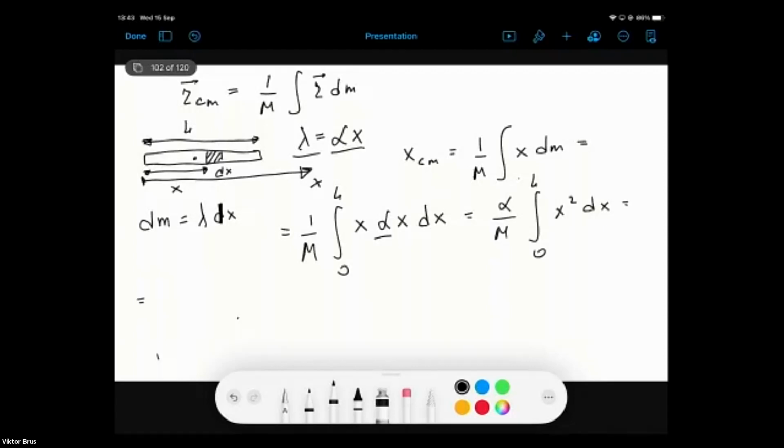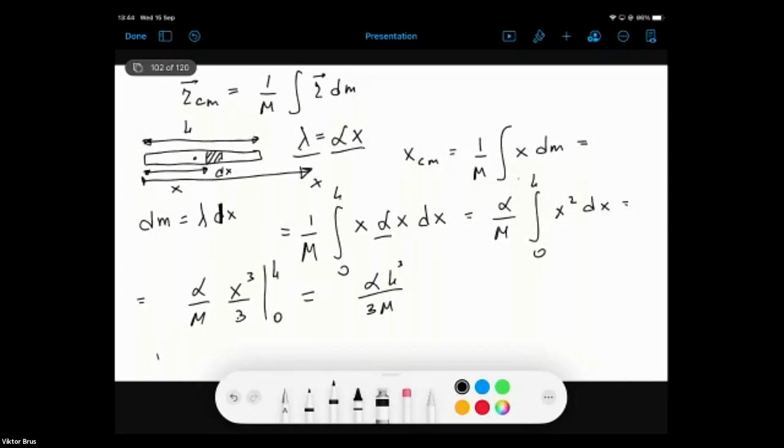So that will result in alpha over m times x cubed over 3 from 0 to L. So we substitute now L and 0 as ranges instead of x, and get alpha times L cubed divided by 3m.